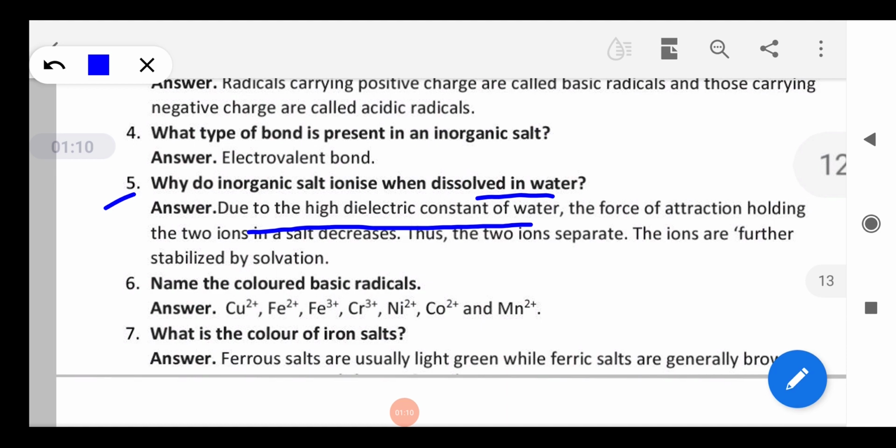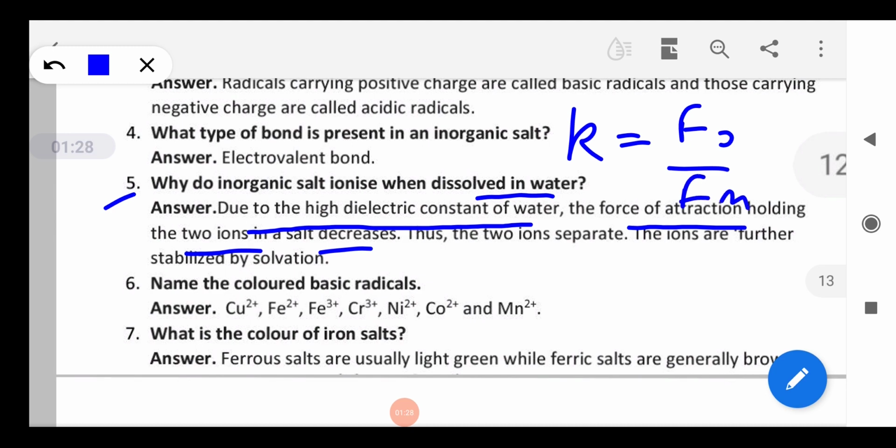Okay, so when the dielectric constant value is high, then the force of attraction between the ions is less. This you should remember. K is the dielectric constant, and this is equal to Fo upon Fm, where Fo is force in air and Fm is force in medium.